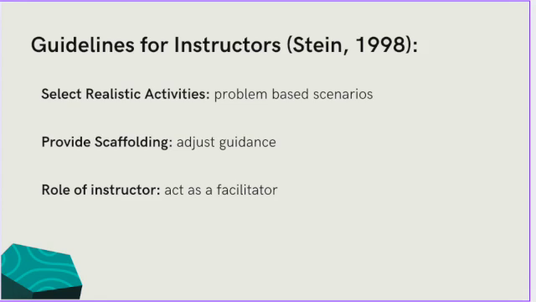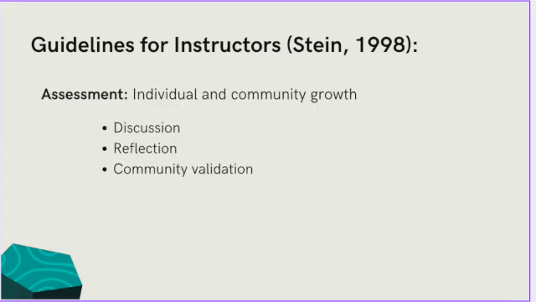One should provide scaffolding or adjust guidance as students build competence in realistic tasks. The role of the instructor is as a facilitator, tracking progress, assessing work, fostering collaboration, and encouraging reflection. The assessment would be focused on individual and community growth through discussion, reflection, and community validation.